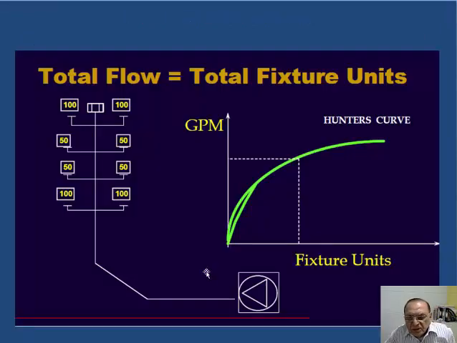What we see over here is a general distribution system of different floors and different fixtures requirement. Those are represented in this manner. These are the flow requirement at different floors, and these are the branches over here, and this is the pump.